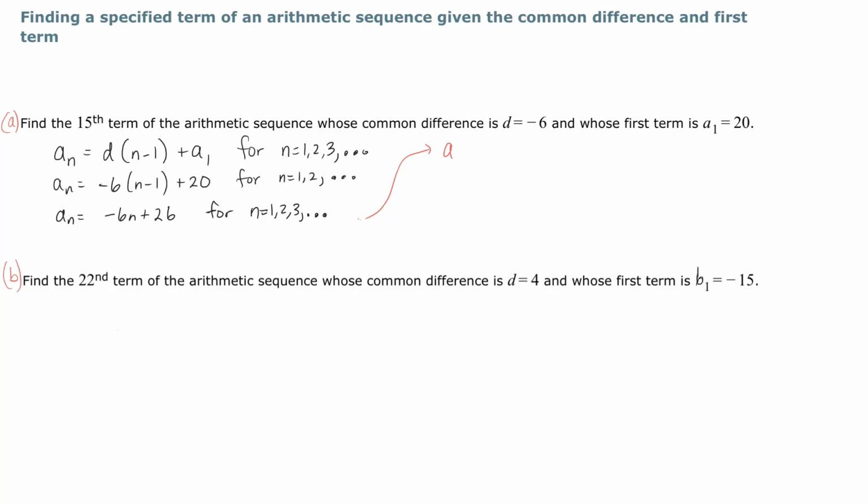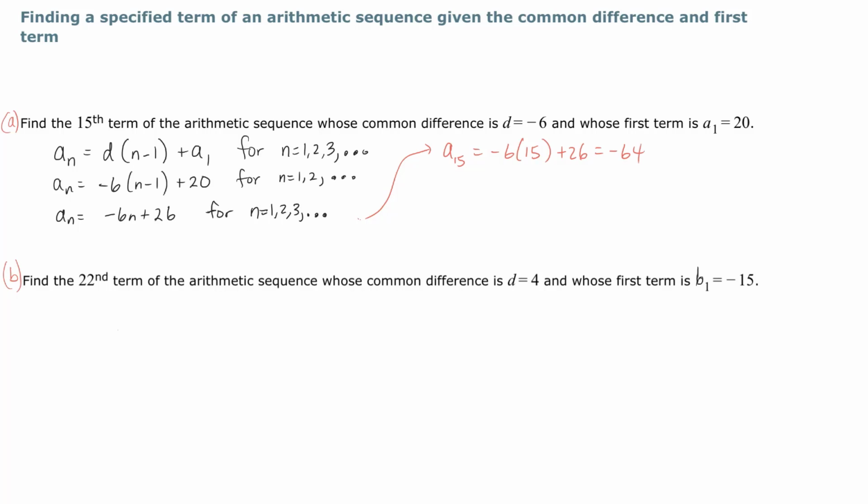So a sub 15. We need to find this expression. It's negative 6 times 15. That should be negative 90. It is. It's negative 90 plus 26. So negative 90 plus 26 is negative 64.